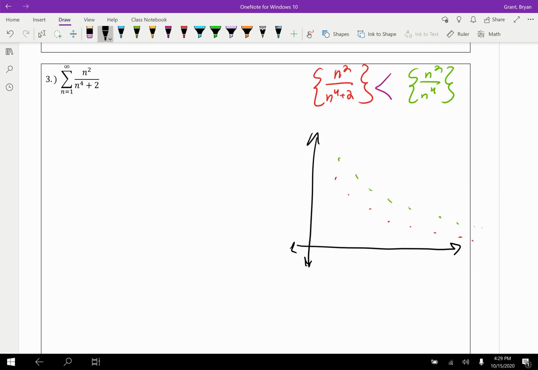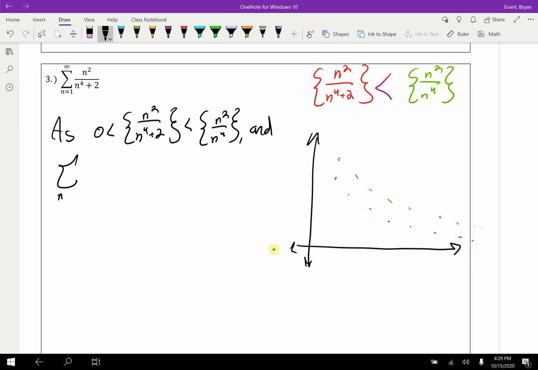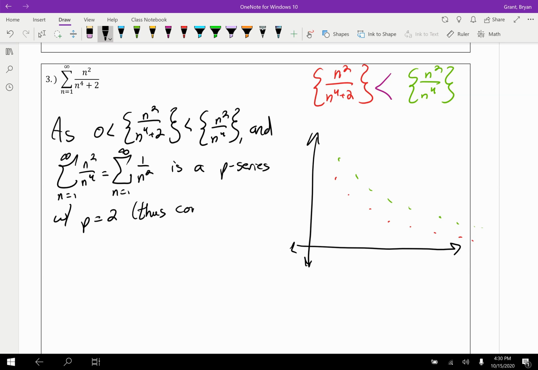So we should probably finish our conclusion, right? As 0 is less than n squared divided by n to the fourth plus 2, which is, of course, less than n squared over n to the fourth, and the sum from n equals 1 to infinity of n squared divided by n to the fourth equals the sum from 1 to infinity of 1 over n squared, is a p-series with p equal to 2, thus convergent.